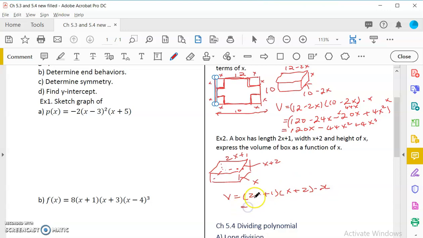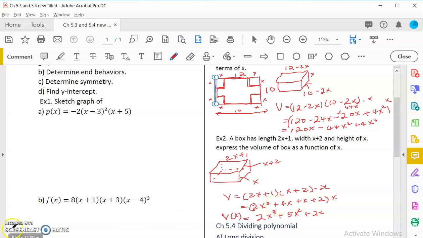So again, you FOIL it out. 2x times 2x, 2x squared, 2x times 2 plus 4x. 1 times x is 1x. 1 times 2 is 2. And then all of them multiplied by x. So you distribute x inside: 2x cubed plus, combining like terms, 5x squared plus 2x. So that is the volume in terms of x as a function. So you can write it as V of x. In function format, volume depends on x.